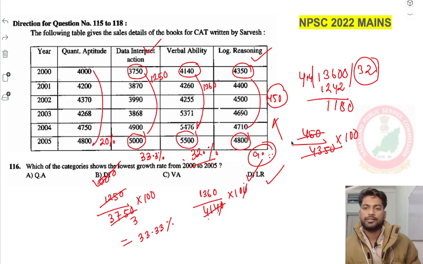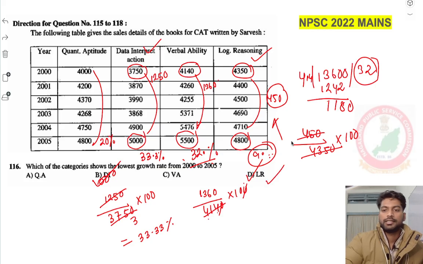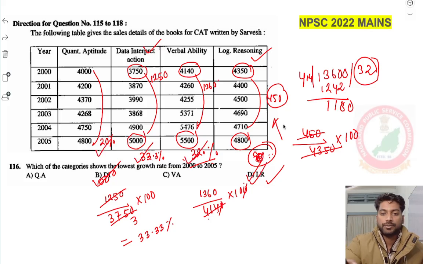If you calculate, it will be roughly around 9 or 11 or something. More than 10, but not more than 20, not more than 33, not more than 32. So logical reasoning will be the least growth. Got it? Next question.